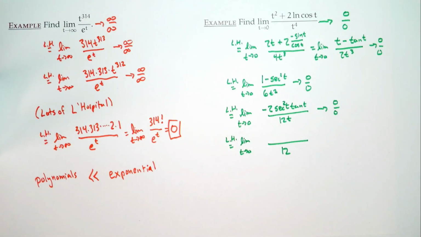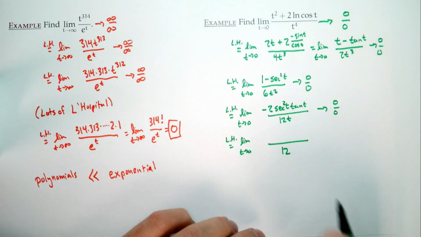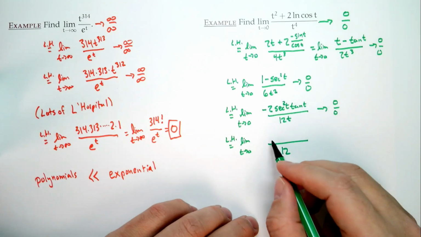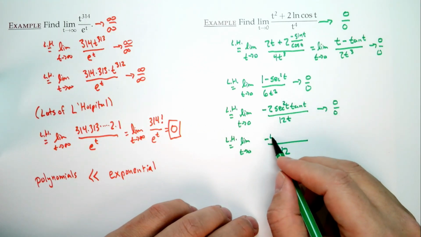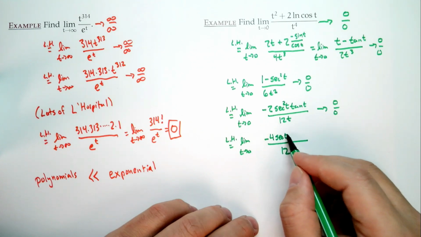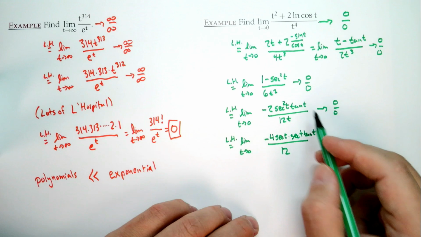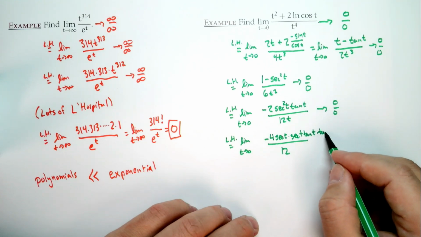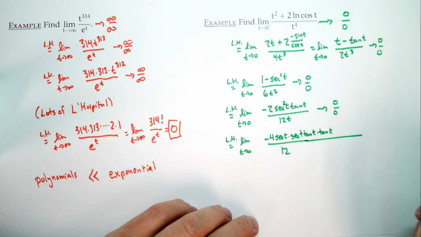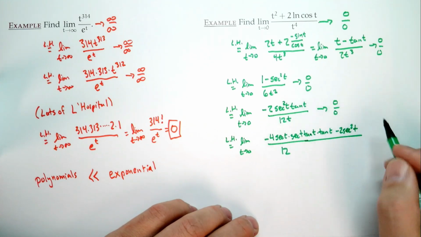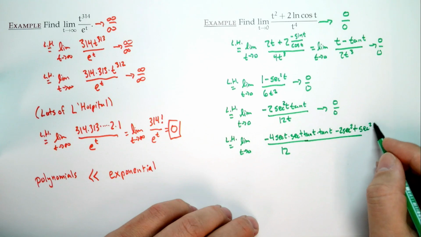That's not going to give us a 0. So whatever happens, this is when it's going to happen. So now we've got to work through our derivative. We'll have minus 4 secant t times the derivative of secant, which is secant tangent, times that other tangent. Then minus 2 secant squared times the derivative of tangent, which is secant squared.